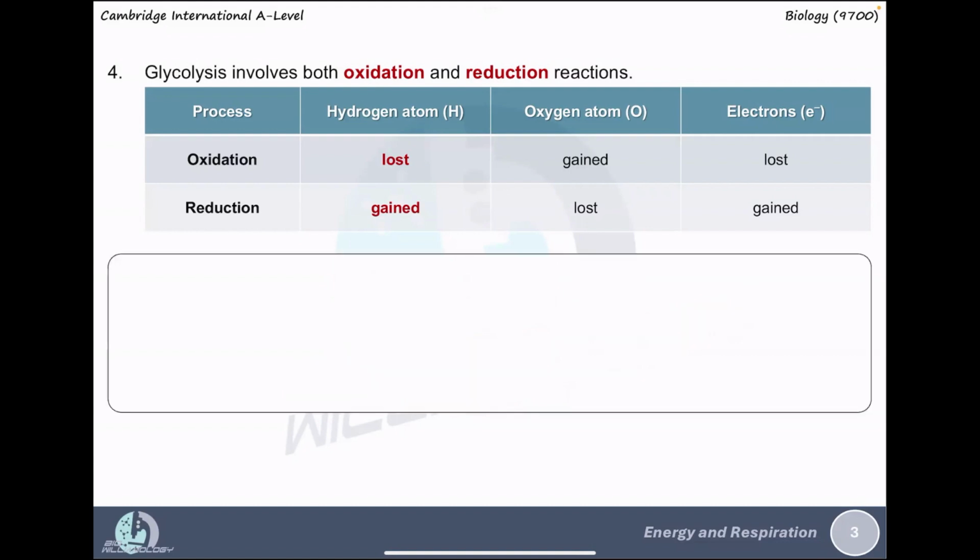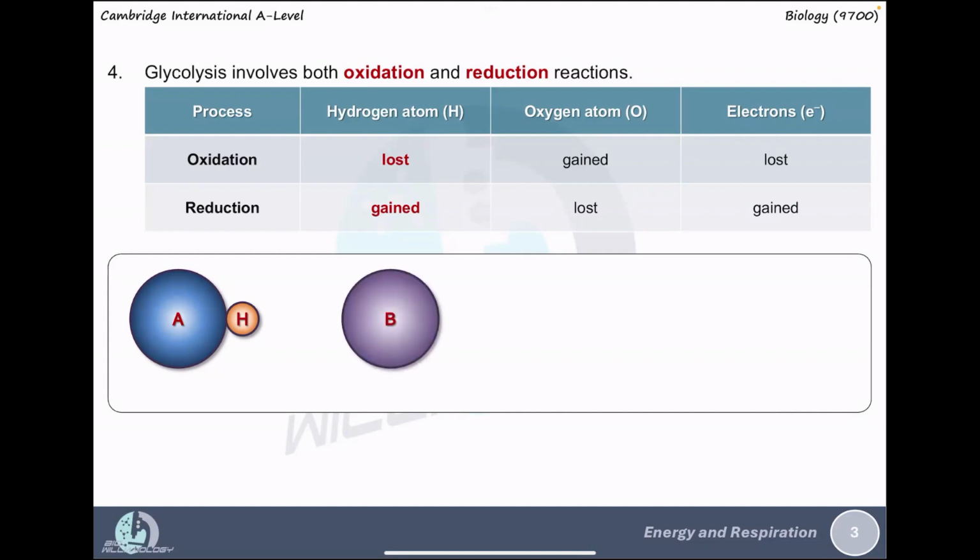Let us look at this diagram. First of all, we have a molecule A with hydrogen atoms. The hydrogen atoms are now transferred to chemical B. In this case, chemical A loses hydrogen atoms, so chemical A is oxidized.